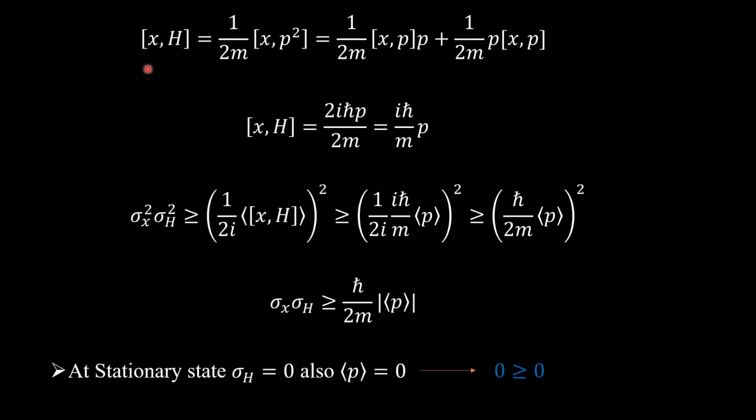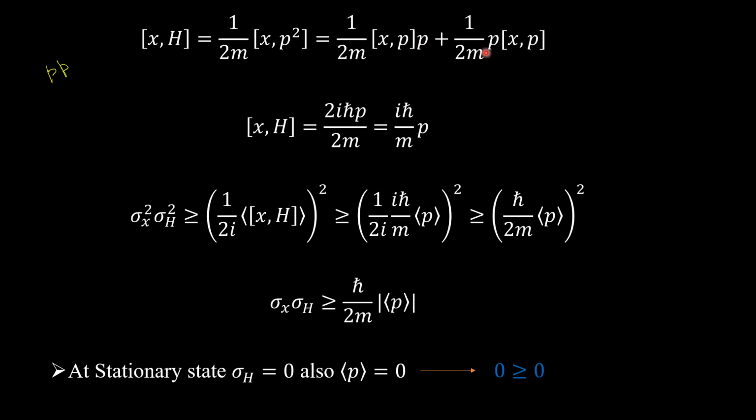Just now we have seen that the commutator of x with the Hamiltonian H is equal to 1 over 2m times the commutator of x with p squared. Using the commutation relation, we can expand this commutator: 1 over 2m, x commutator with p, and p. What we are doing is taking p squared as p into p. So I am taking the right hand side p to the right hand side.